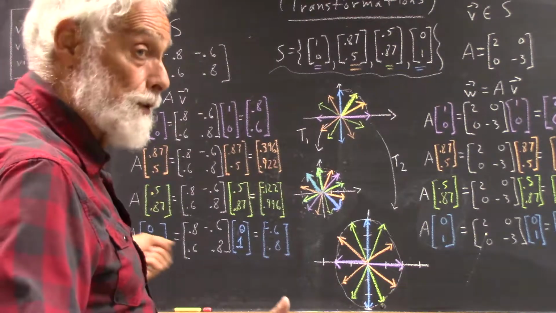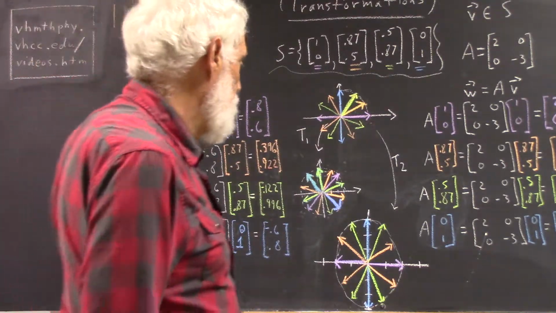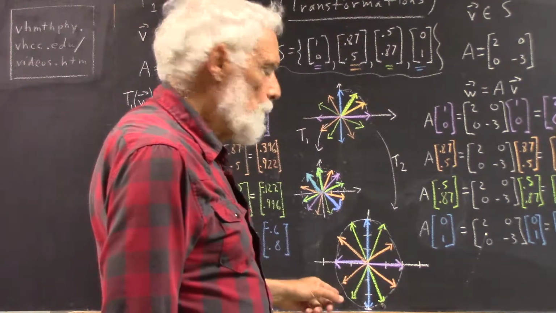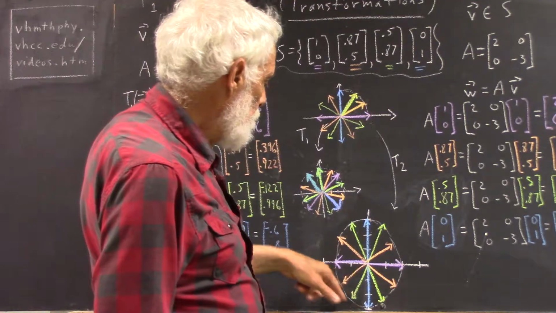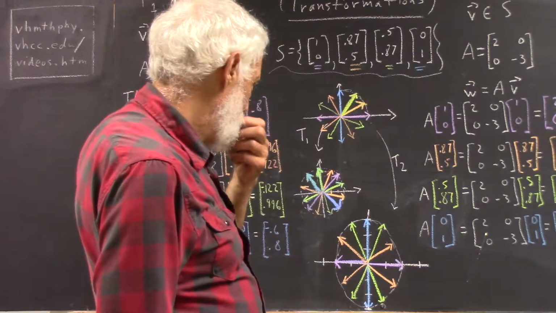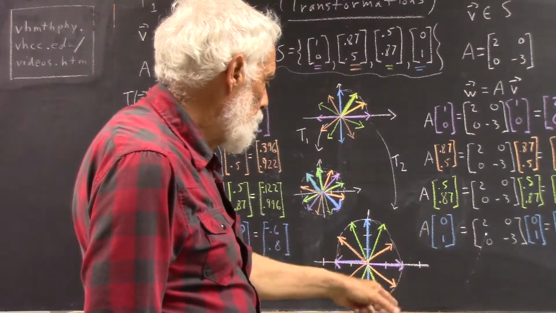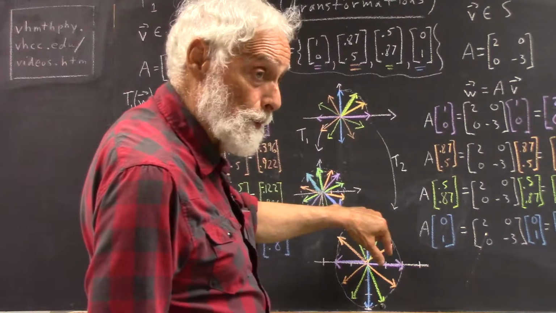I don't want to say too much about why that happens, but what's really going on here is that in the first and third quadrant, the order of the green and orange vectors is different than the order you would have if you're going around this whole picture counterclockwise.